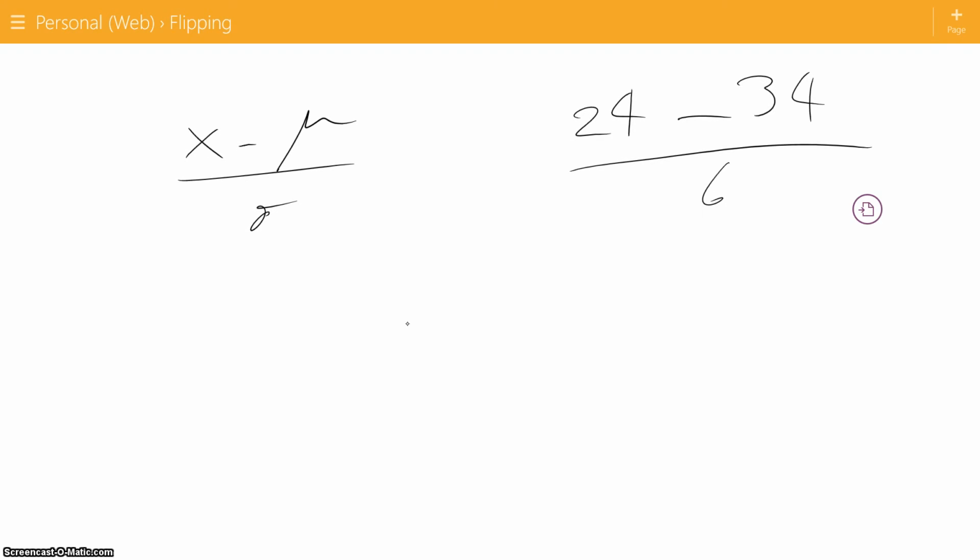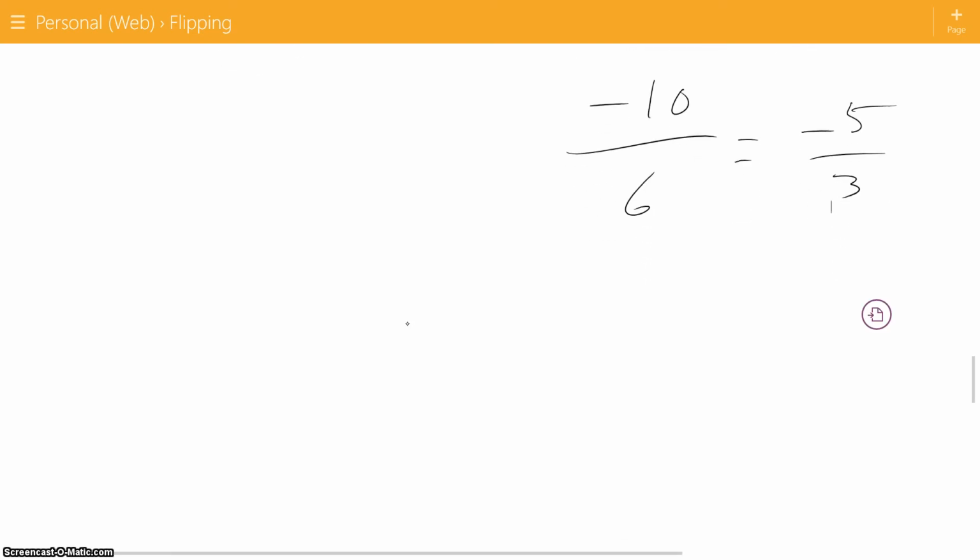Now I will simplify this. 24 minus 34 gives us negative 10 over 6. And we can reduce that, right, to what can we reduce it to? Negative 5 over 3.